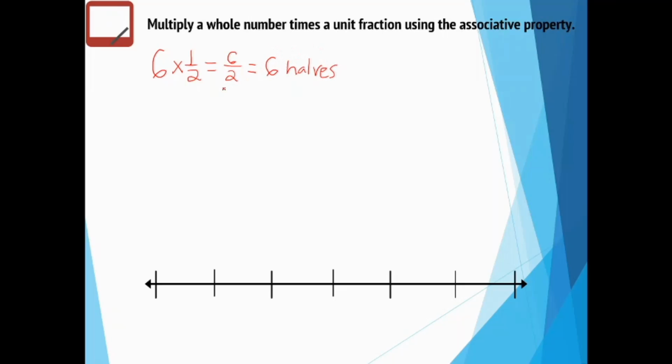Now we've got a number line here, and I just really want to go ahead and number it. So we have 1, 2 and 3 wholes. And as we know, 6 halves, when we make those jumps, we can sort of count.